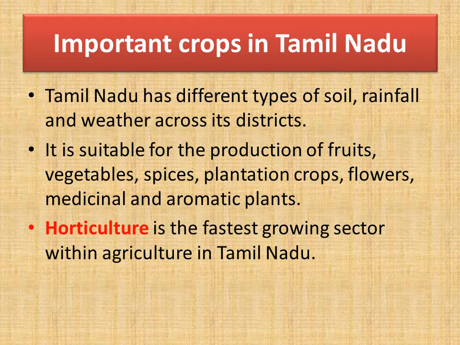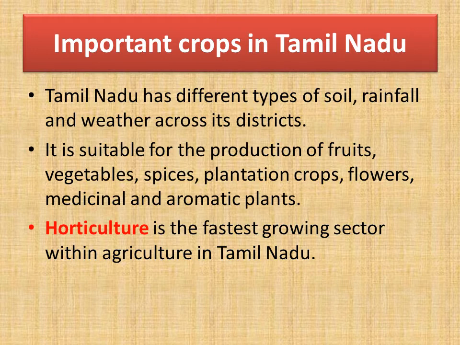It is suitable for the production of fruits, vegetables, spices, plantation crops, flowers, medicinal and aromatic plants. So children, you can find various types of these in the state. Horticulture is the fastest growing sector within agriculture in Tamil Nadu.